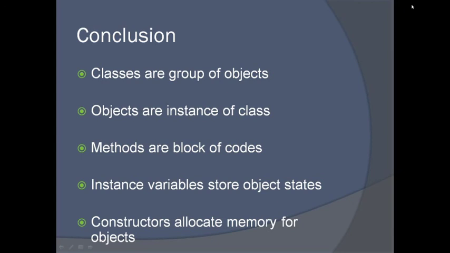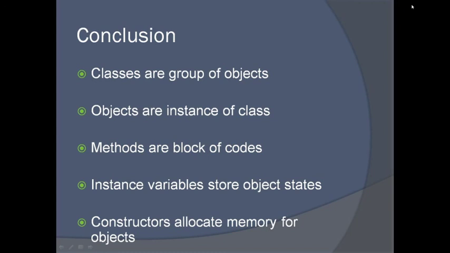So in this video we have seen that classes are the blueprint or the group of objects having common properties in them. Then the objects are the instance of a class or a representation of a real life entity which can be logical or physical. Then the block of code written to complete a specific task is termed as a method.